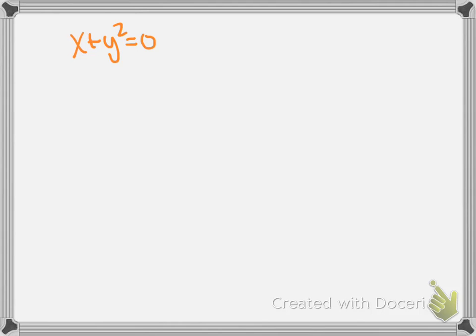So we'll do the first problem right now. Hopefully you've had a chance to work on it by yourself first, and now you can look at the way that I do it. So first off, I'm going to say, is this horizontal or is this vertical? I see my y is squared, so I want to get it into this form right here, 4p times x minus h.